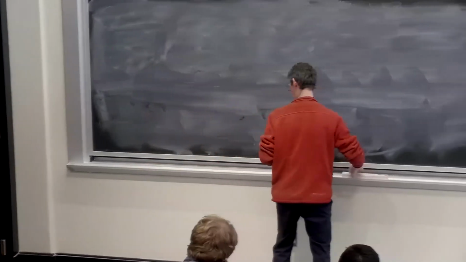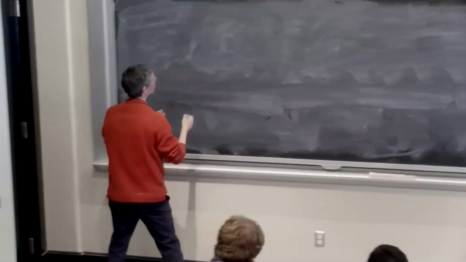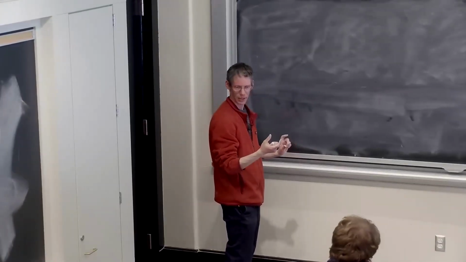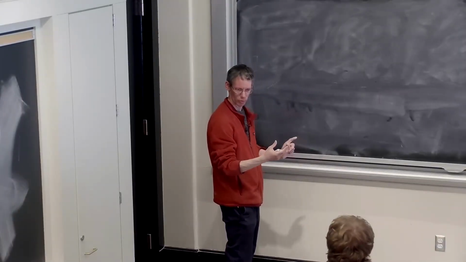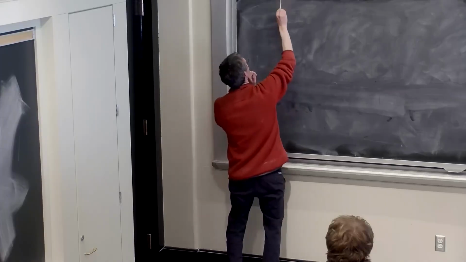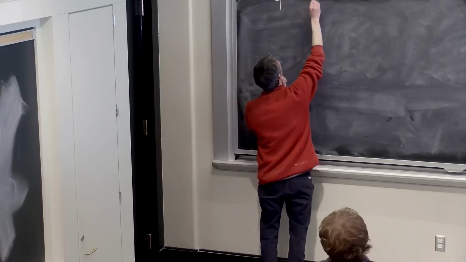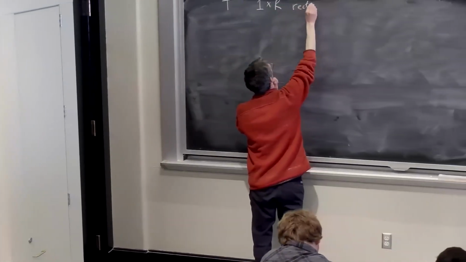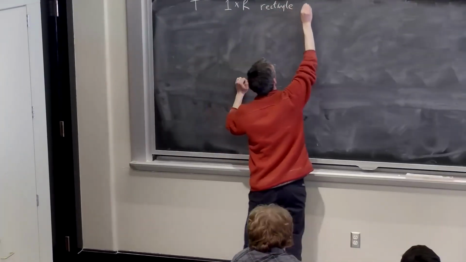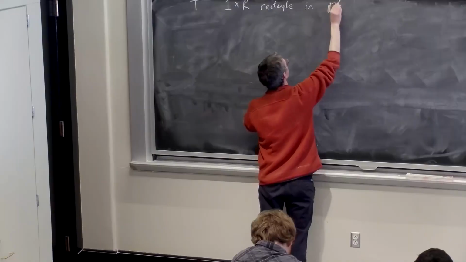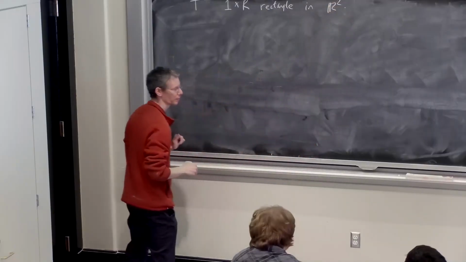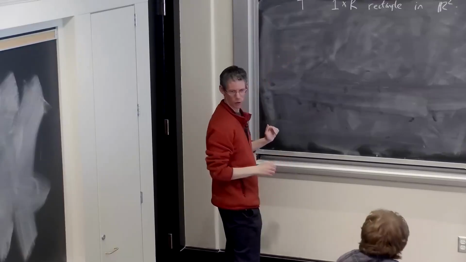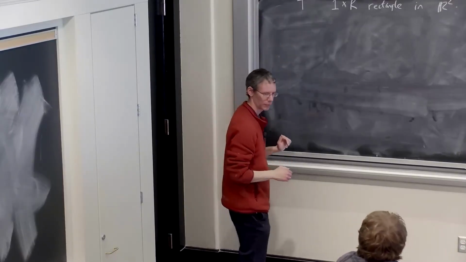So instead of a line, an infinitely thin line, what we're going to talk about is a rectangle, or I usually call it a tube. So capital T for tube is a 1 by r rectangle in the plane, in any direction. And so basically, we're going to add up characteristic functions of rectangles.